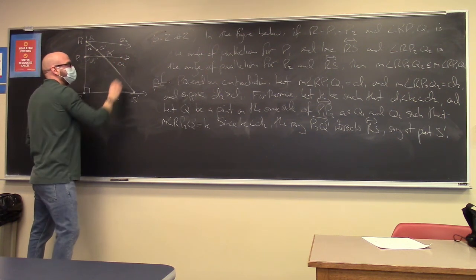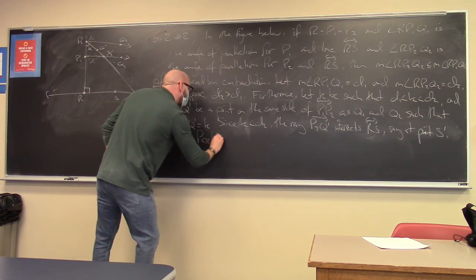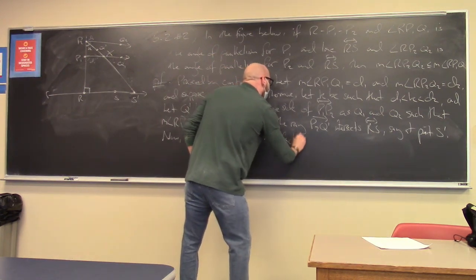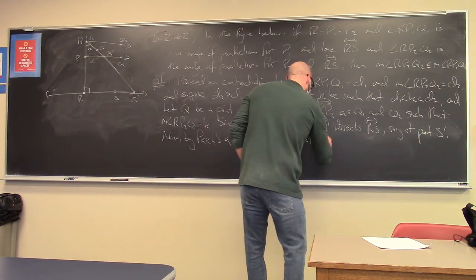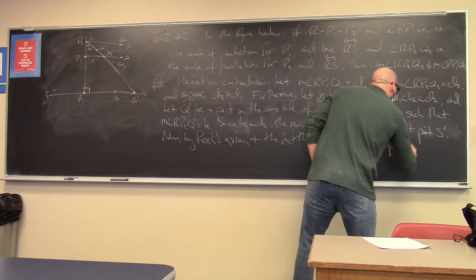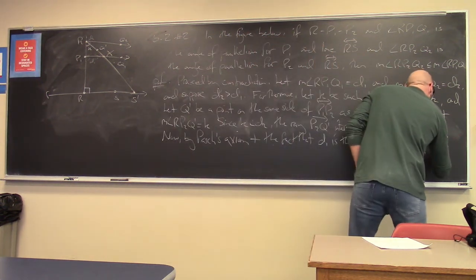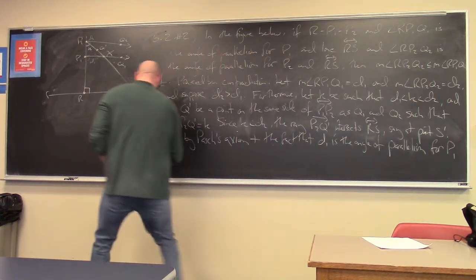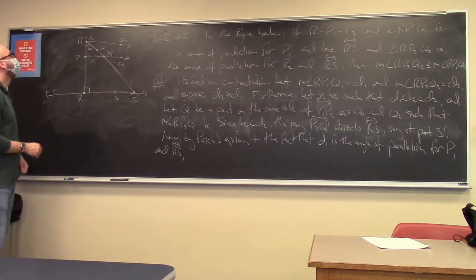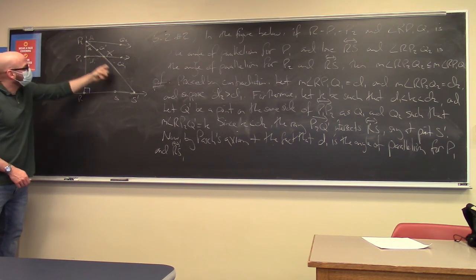Okay, so now by Pasch's axiom and the fact that D1 is the angle of parallelism for P1 and RS, it follows that this ray P1Q1 cuts through P2S prime.